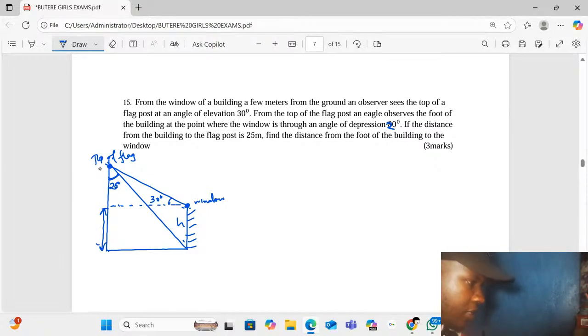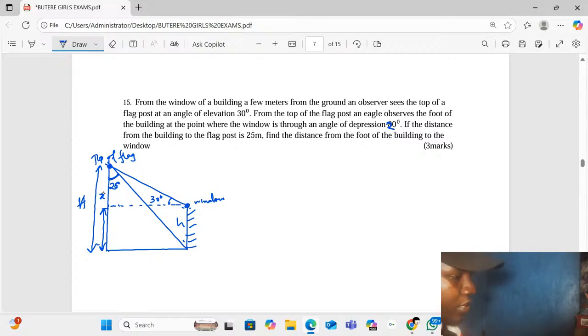Then this distance for the flag, we can call it capital H. So for us to get the distance small h, we have to get capital H minus this one. We have another distance here, this height, let's call it x.